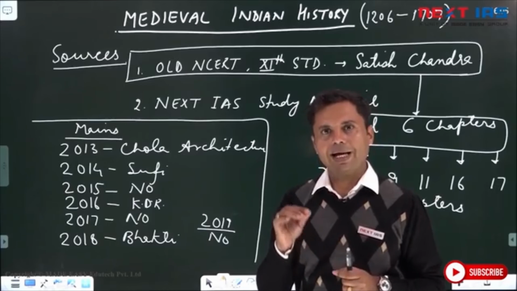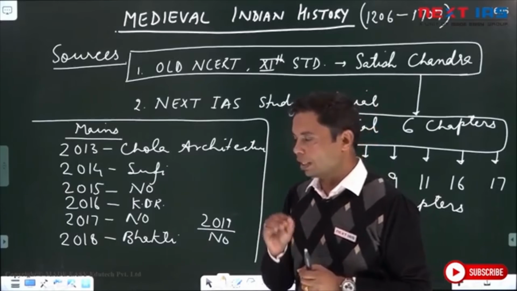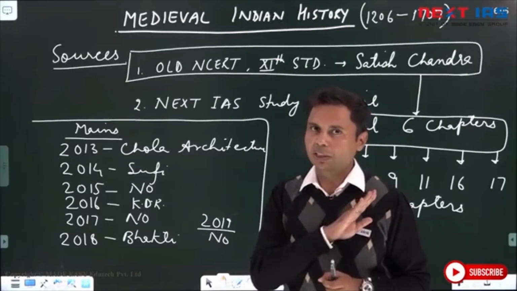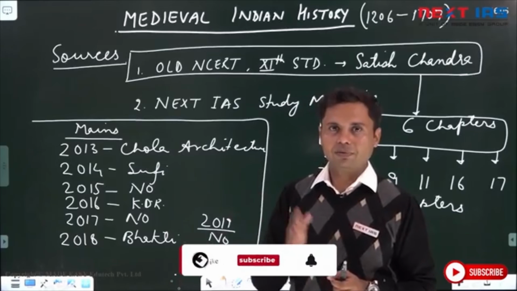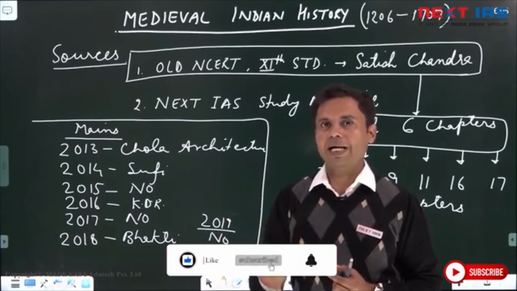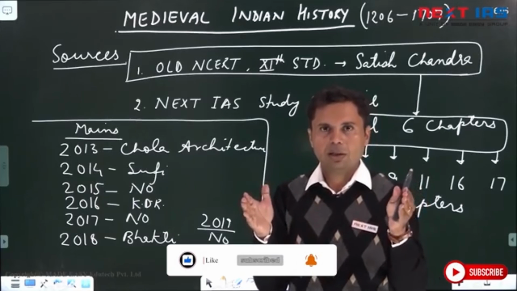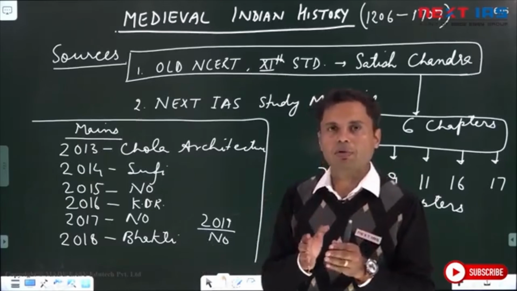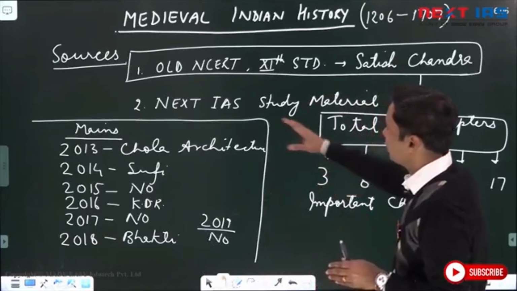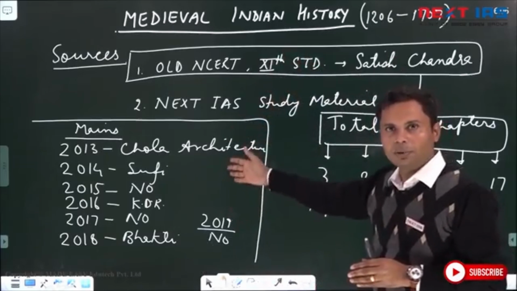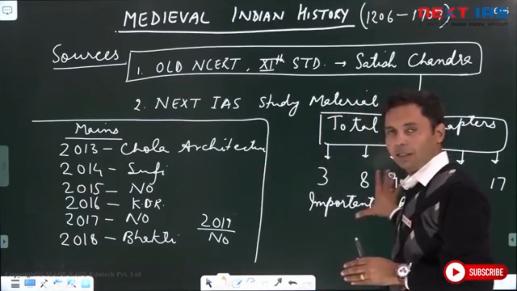So that's the reason I request all of you that 2 times reading is mandatory for each and everyone. And after that, if somebody is strategizing his preparation, that he wants to score maximum by reading a bit lesser area, fewer chapters, then this is the strategy: you have to read those major dominant themes, and these are the important chapters.